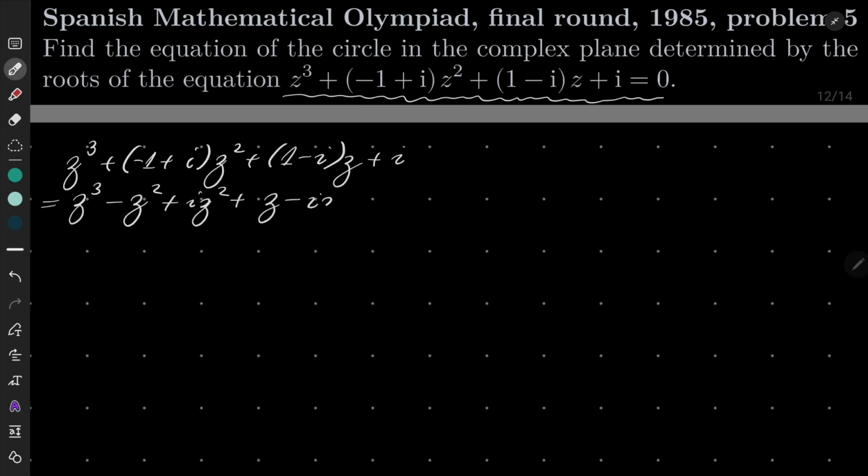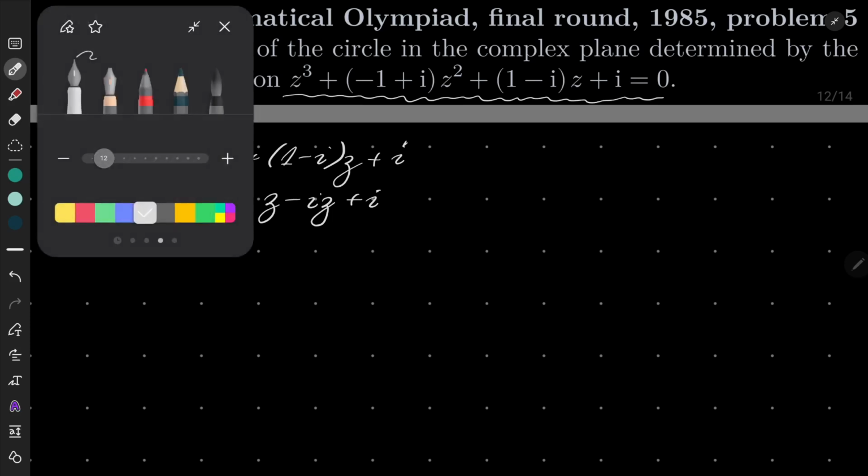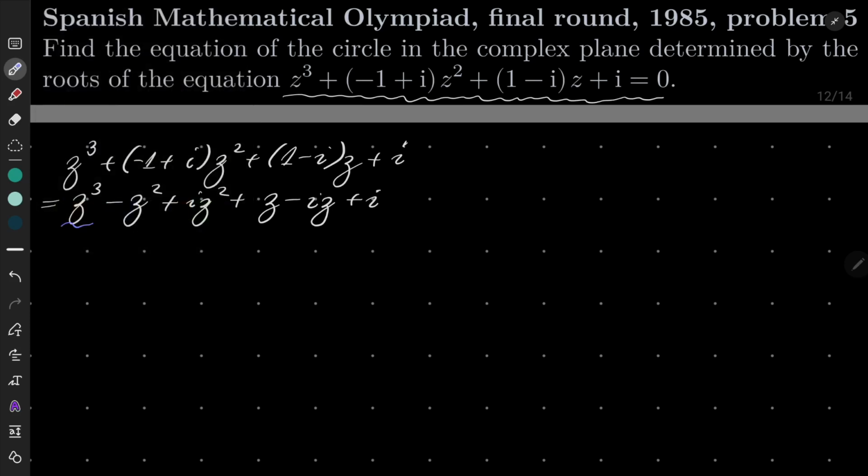Now it's a matter of good grouping. First let's group z cubed plus i times z squared. We will group minus z squared minus i times z, and finally we'll group z with i.